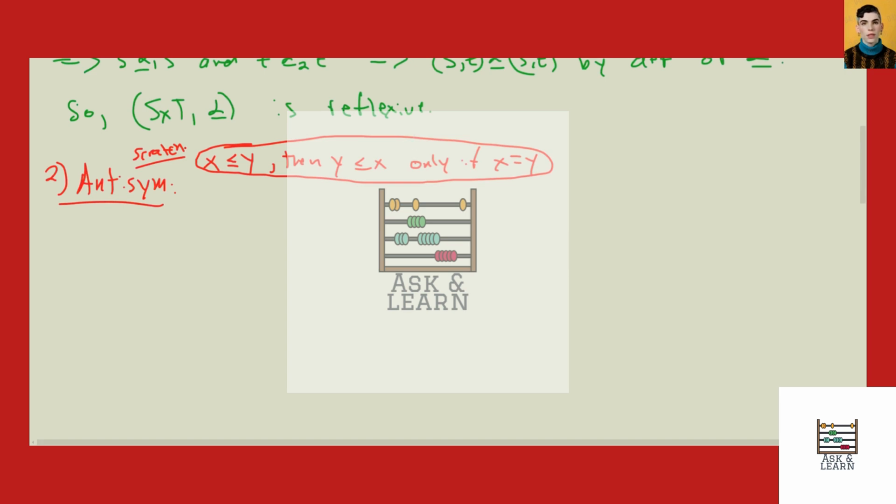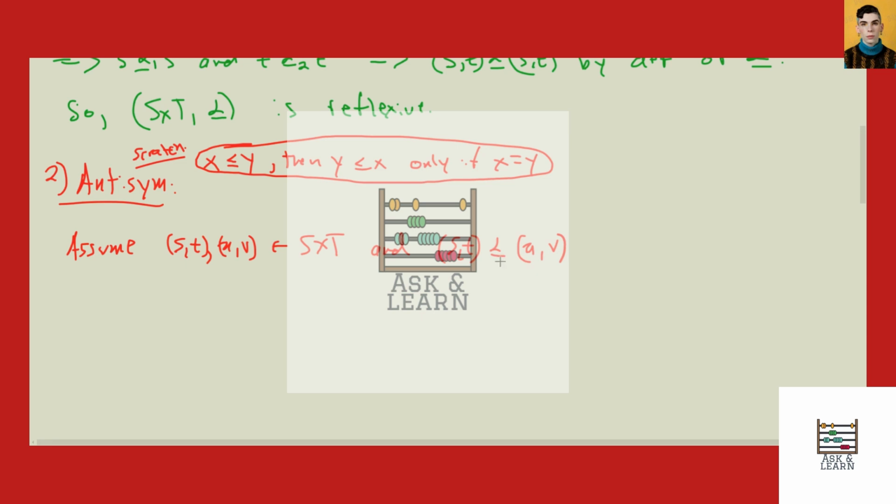All right, so we want to assume that (s, t), (u, v) are elements of S cross T. And also on top of that assumption, we want (s, t) to be less than or equal to (u, v).